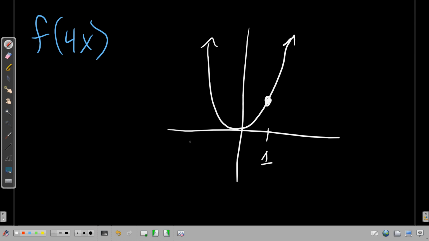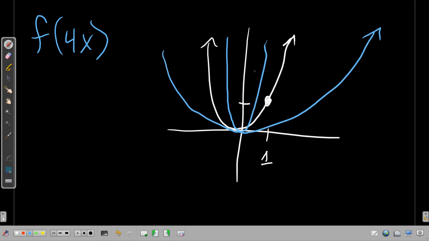Now the y value needs to be the same on this guy as it is right here. And the question is, will the transformed function behave like this, or will it behave like this?